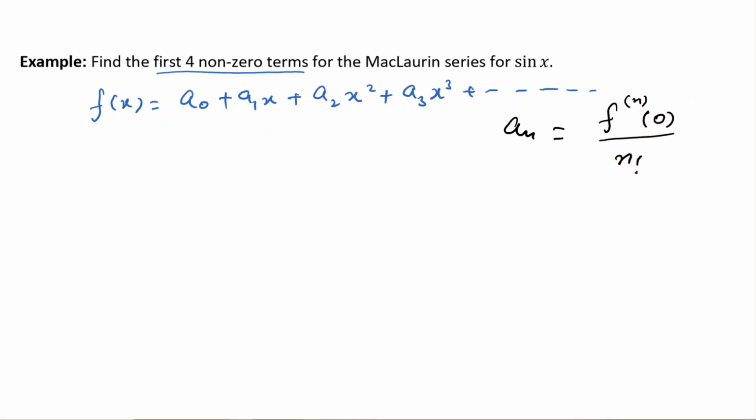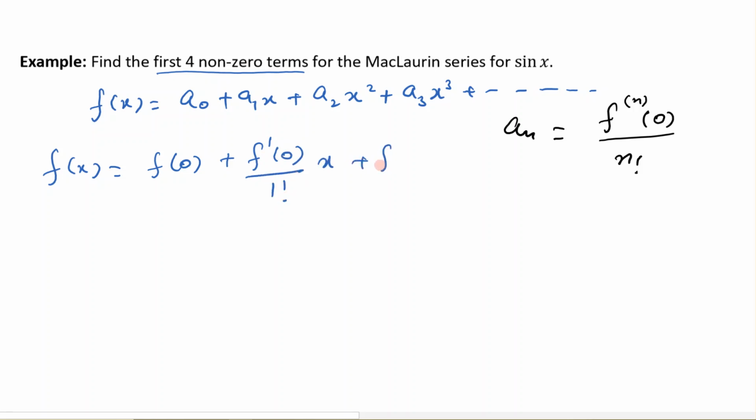In other words, a naught is just f of 0, a1 is the first derivative over 1 factorial, then the second derivative over 2 factorial, and so on.